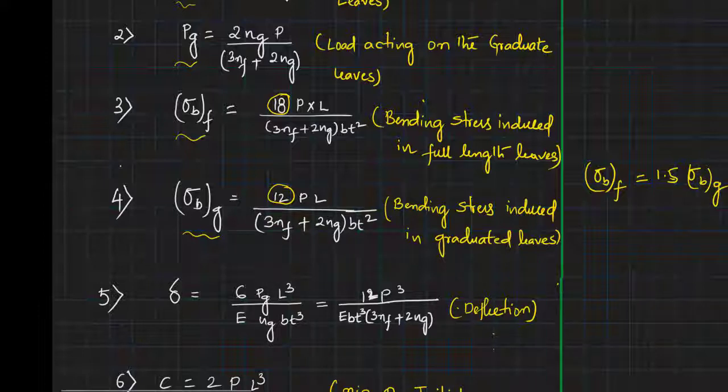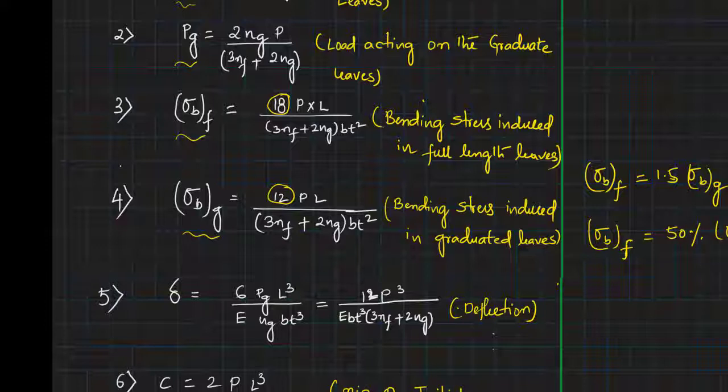Which means bending stresses induced in full length leaf will be 50% greater than the bending stresses induced in graduated leaves. Once again, let me repeat this. From this we can say bending stresses in full length leaves will be 50% greater than the bending stresses in graduated leaves.